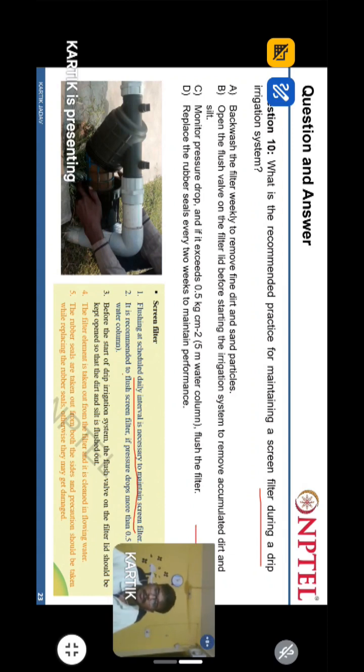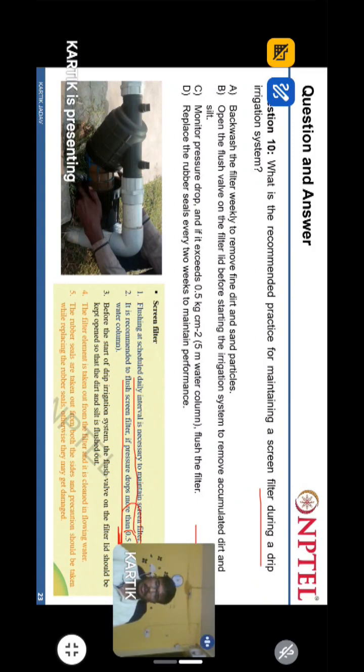It is recommended to flush the screen filter if pressure drop is more than 5 meters of water column or 0.5 kg per centimeter square, while in case of hydrocyclone and media filter, sand filter, it is 70 kilopascal.